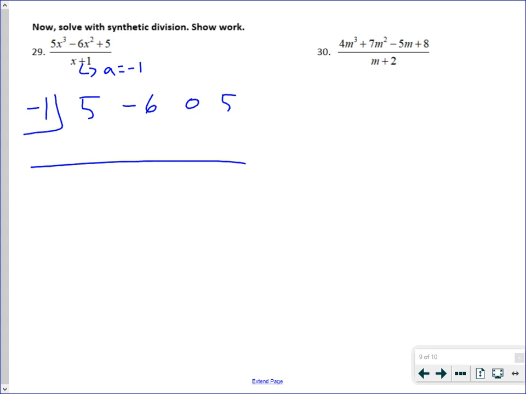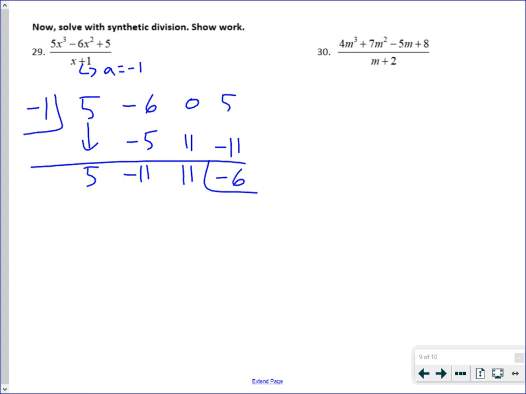And I'm going to do synthetic substitution or synthetic division, whatever you want to call it. We drop down the 5. 5 times negative 1 is negative 5. We add down. Negative 6 plus negative 5 is negative 11. Negative 11 times negative 1 is 11. 0 plus 11 is 11. Negative 1 times 11 is negative 11. And 5 plus negative 11 is negative 6.